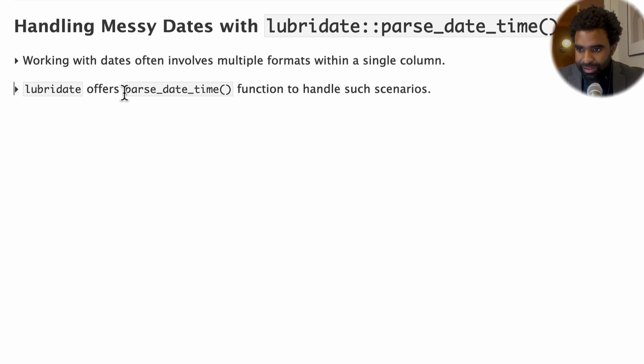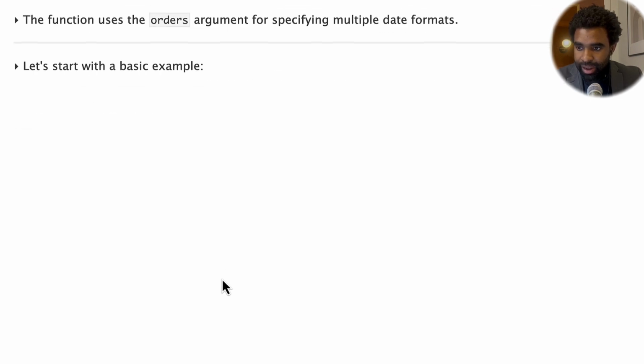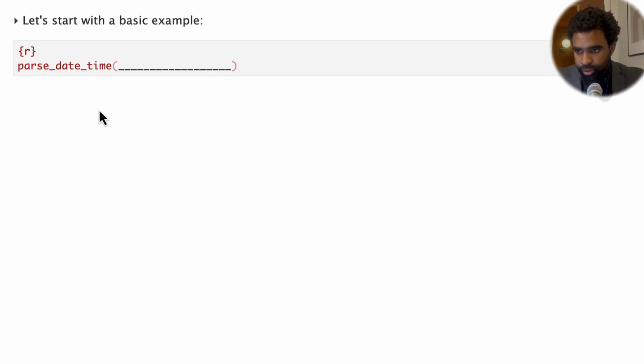Okay. So like I said, the parseDateTime function is going to be used to handle such a scenario. And it has this orders argument that will allow us to specify the multiple date formats that we want to check for. So let's start with a basic example for using parseDateTime. I'm going to parse the following date, 30/07/2001, which is July 30th, 2001.